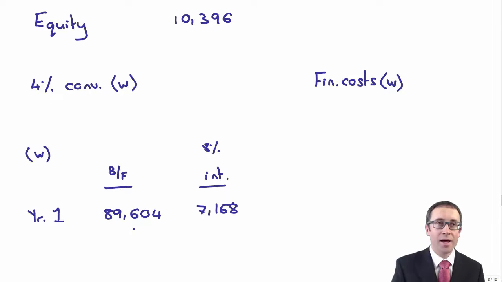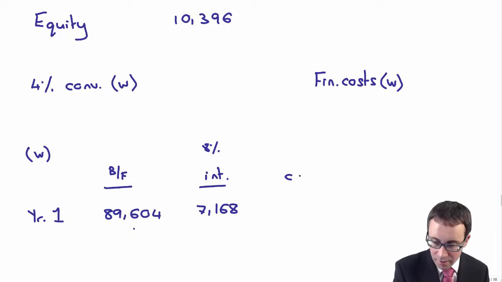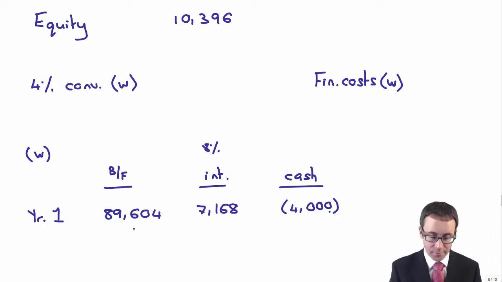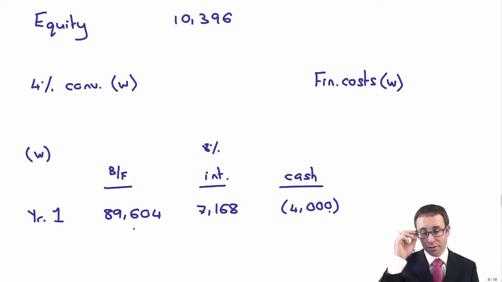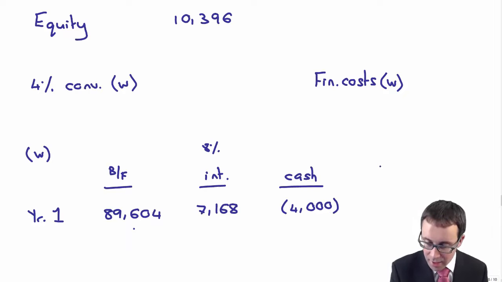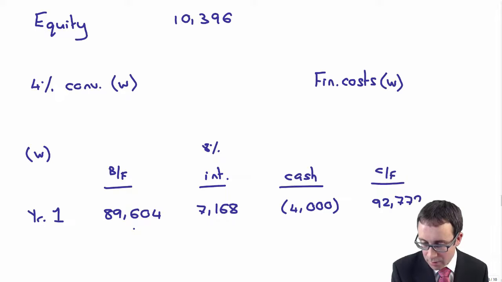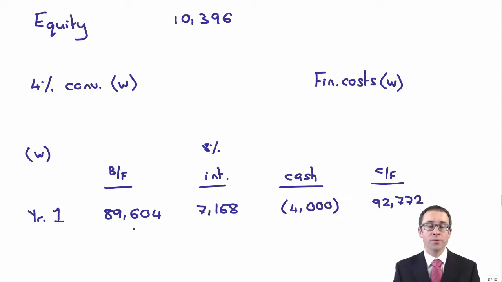Does that give me 7168? And don't forget as well that the amount of cash that you will have paid is the 4,000, isn't it? The 4% on the coupon rate. Does that give me a carry forward figure of 92772?